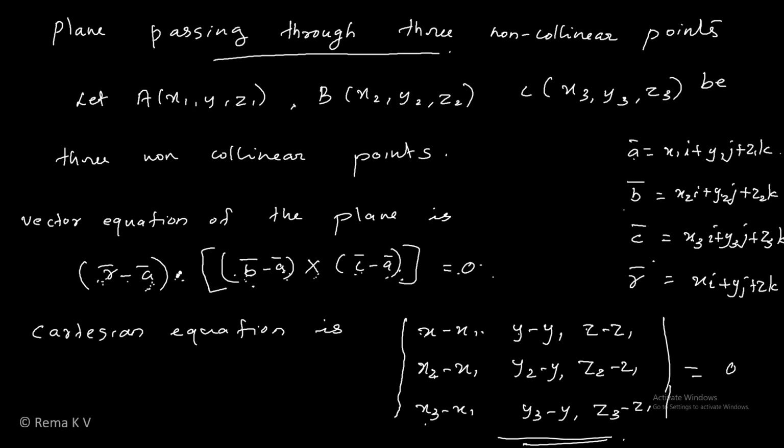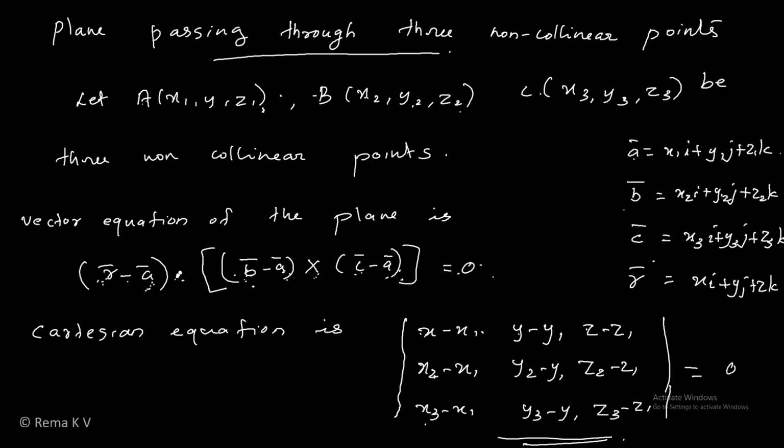First of all, you have to find whether the 3 points are non-collinear. How can you check whether the points are non-collinear? Find the direction ratios of AB and BC. The direction ratios of AB are x2 minus x1, y2 minus y1, z2 minus z1.